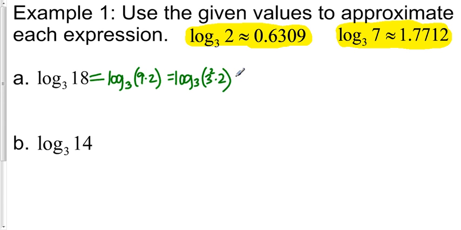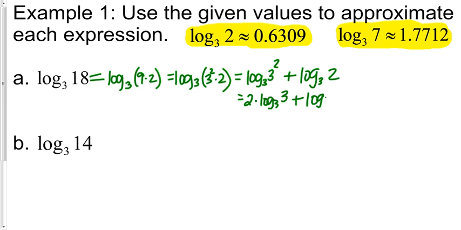And now using the first property, I'm going to split these up into the sum of 2 logs. So I've got a product here of 3 squared times 2. Well, then I can split up my log as the log base 3 of 3 squared plus the log base 3 of 2. That's property number 1. Now I can use property number 3, and bring this 2 out in front, so I can say this is just 2 times the log base 3 of 3 plus the log base 3 of 2.